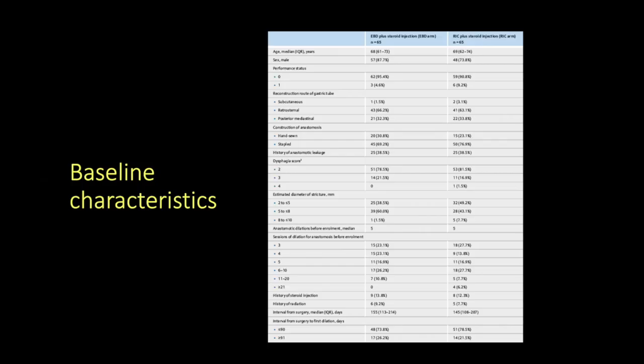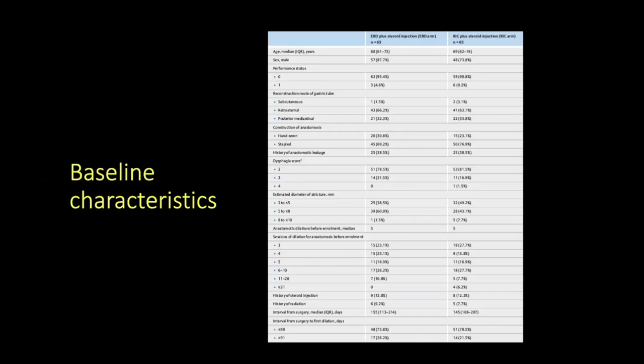The median number of anastomotic dilations prior to enrollment was 5 in both groups. In terms of sessions of dilation for a stricture before enrollment, the majority had undergone 6 to 10 dilations, 26% and 27% respectively, followed by 3, 4, 5, and some patients had even undergone 11 to 20 dilations.